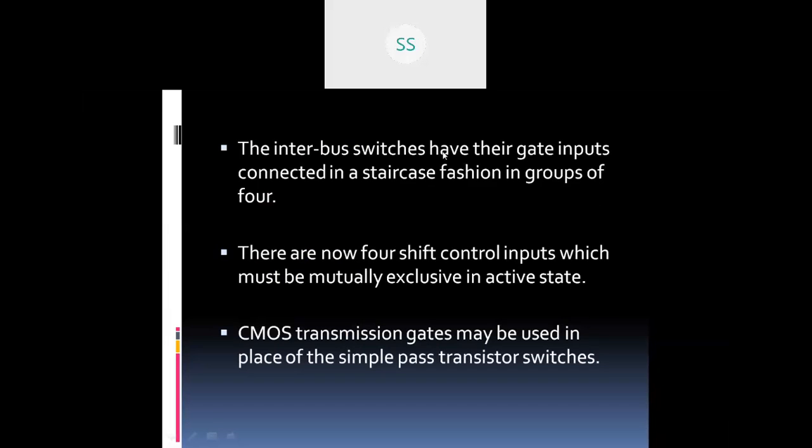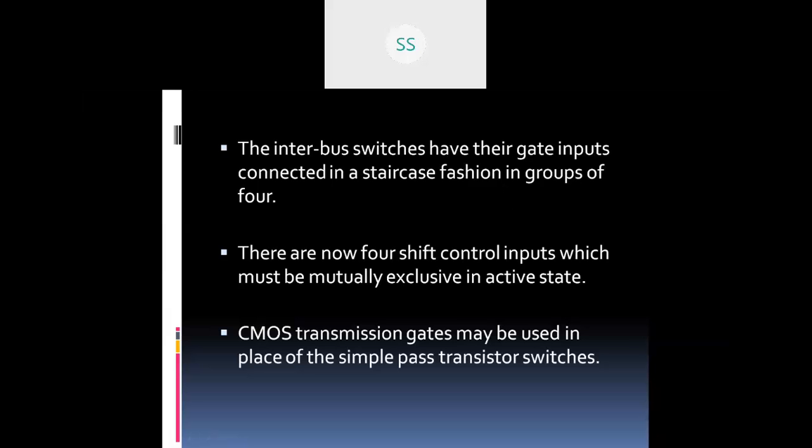The gate inputs are connected in a staircase fashion in groups of 4. That's why we have only 4 lines now. Earlier there were 16 lines. Now we have only 4, because 4 gates are grouped into a single control line.